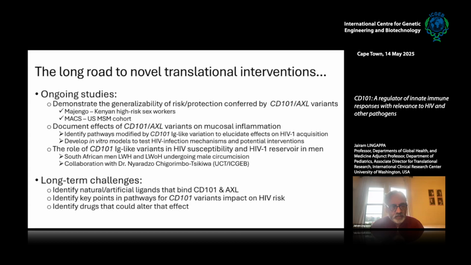And clearly there are long-term challenges, including needing to identify the natural or artificial ligands that bind CD101 and AXL. How do they actually translate their capacity to respond into molecular changes? And to identify key points in pathways for CD101 variants that impact HIV risk and identify drugs that could alter those effects.